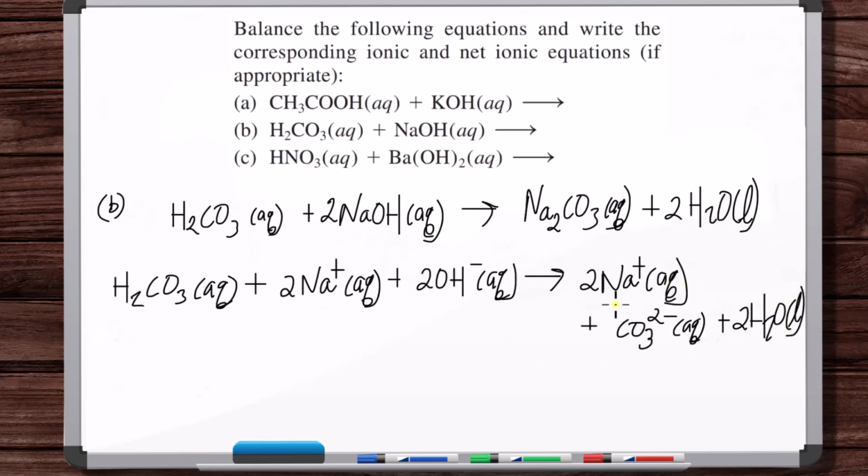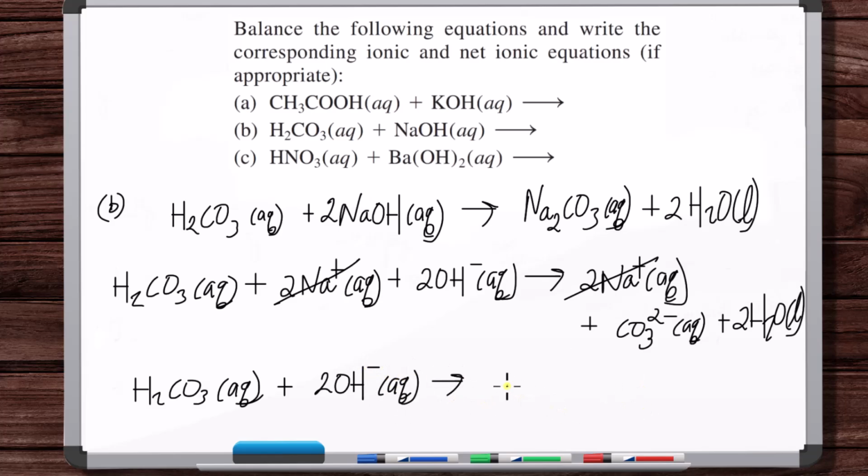Okay, there's the ionic equation. Now, the net ionic equation, let's cancel the spectator ions. And so we get okay. And there's the net ionic equation.